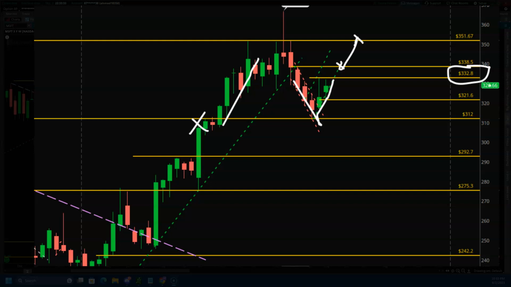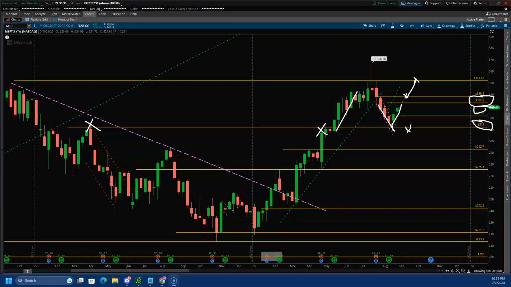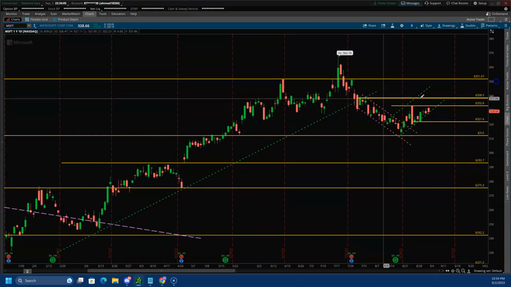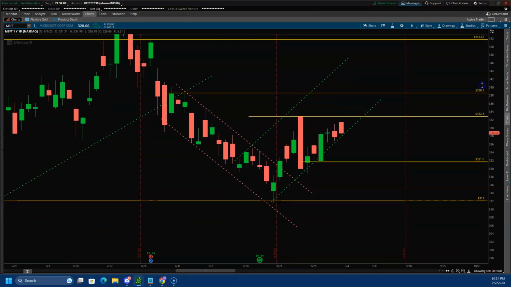If we get below 321, we can have a retest of 312, and definitely if we give up that, this is the area we broke out of. So that becomes your downside target if it gives up 312. But that's a sort of a weekly level play. In a daily view, here's your view. So I don't see any active sequence of buyers right now.